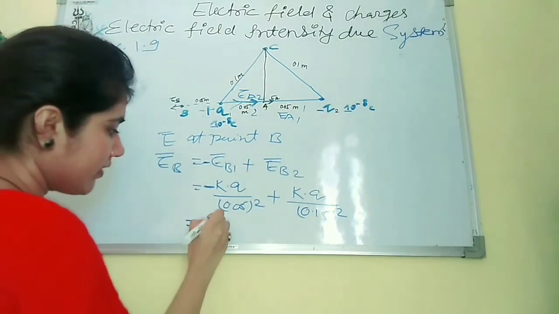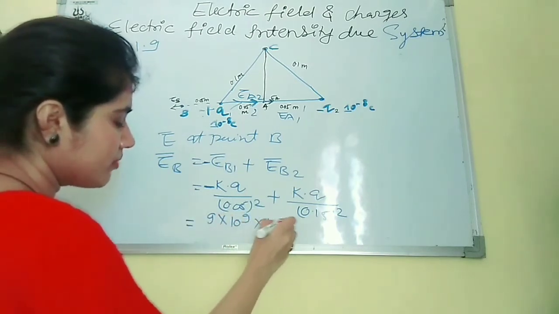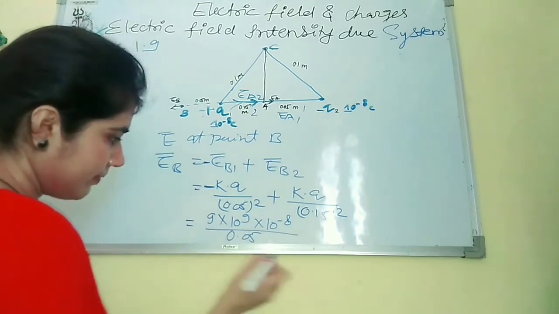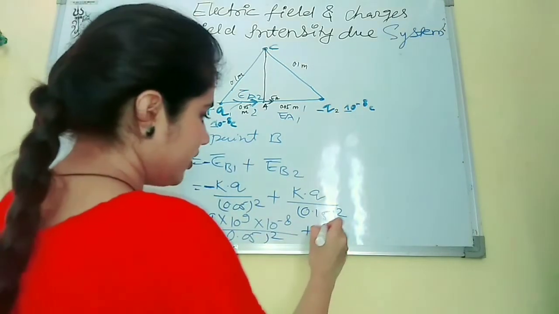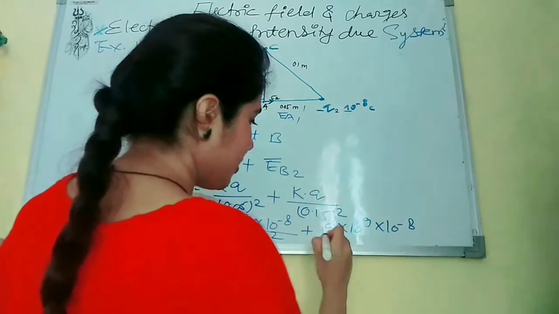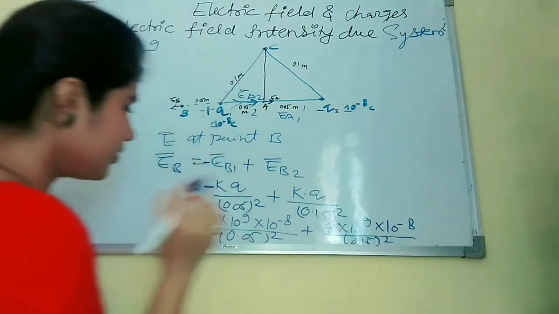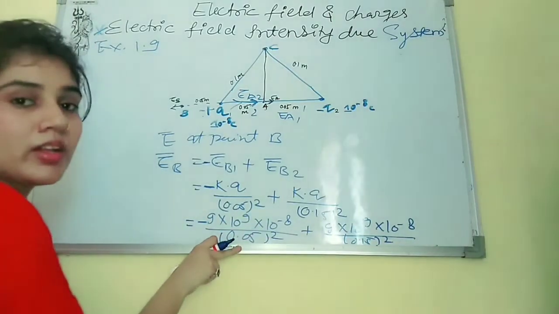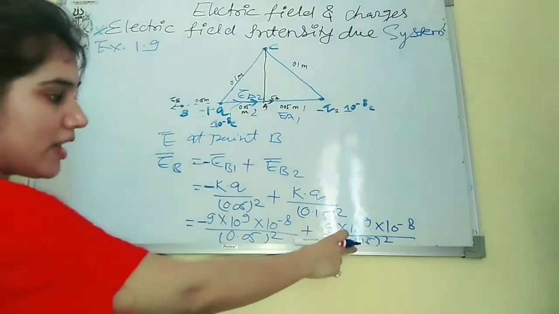So now putting in the values, that is 9 into 10 to the power 9 into 10 to the power minus 8 upon 0.05 square, plus 9 into 10 to the power 9 into 10 to the power minus 8 upon 0.15 square. If you will see, this is in minus, and in the denominator this is a small value, so it is a large value.